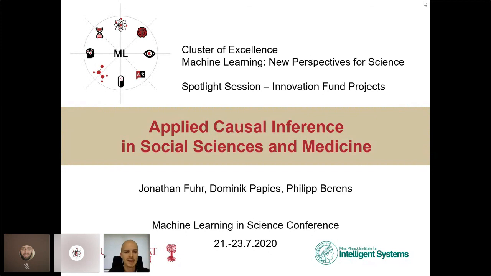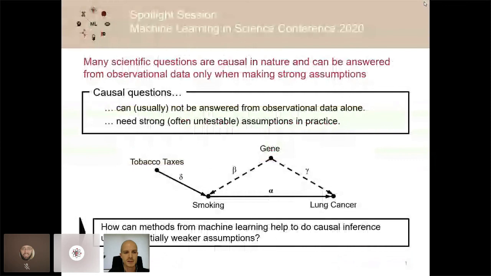On the first slide, I want to give an intuition about what causal inference is in general in these contexts. For that, please look at the causal graph in the middle of the slide. In a graph like this, the nodes are variables and the arrows are causal relationships. Here, a researcher is interested in estimating the causal effect of smoking on lung cancer.